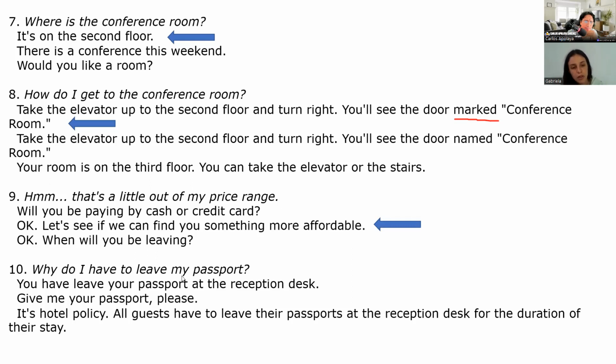It's hotel policy. All guests have to leave their passport at the reception desk for the duration of their stay. Yes, because you have to give your identification. But when you live in a different country, you leave your passport, right?